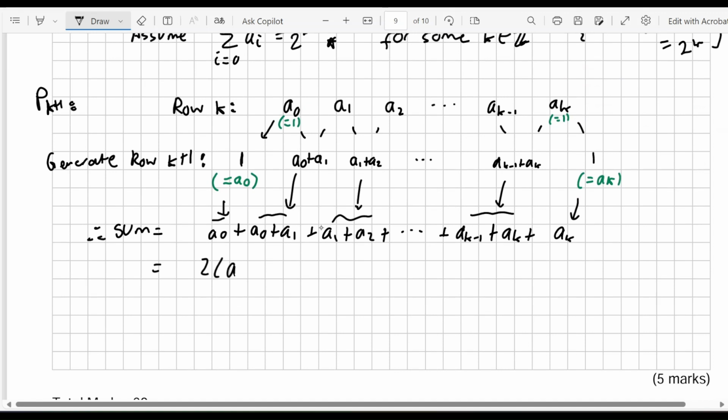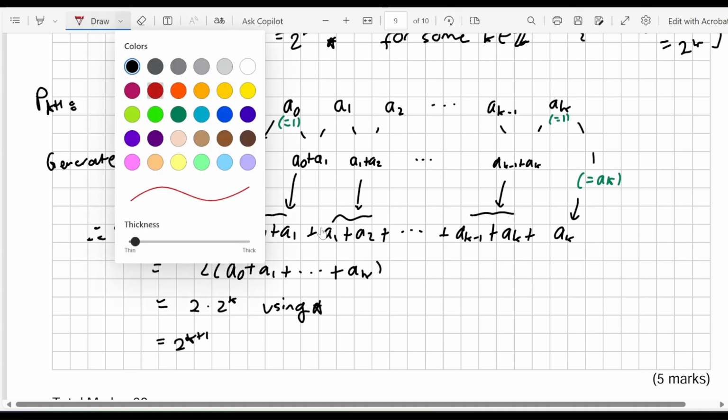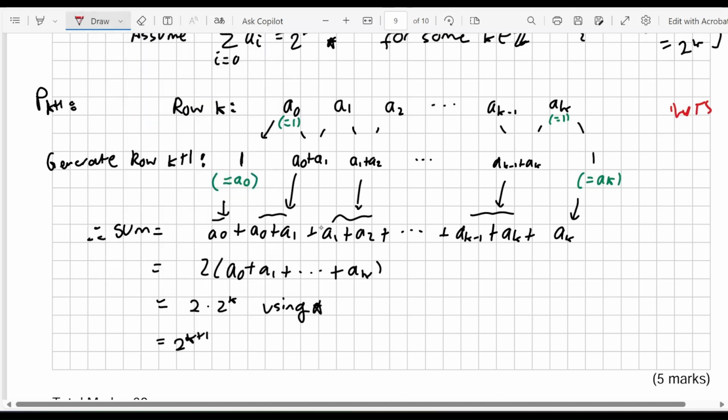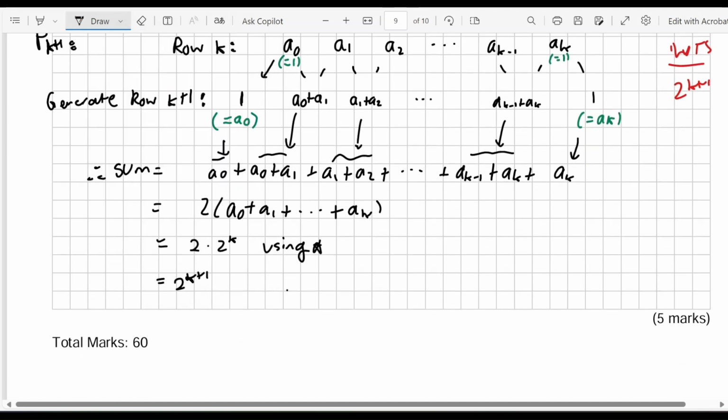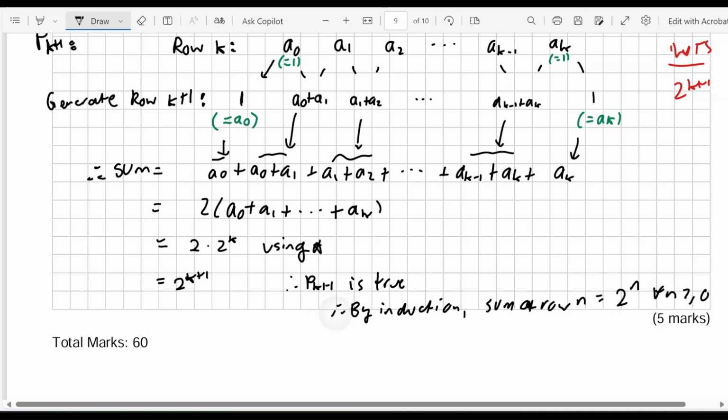So this is 2 lots of a_0 plus a_1 plus up to a_k, which is 2 lots of 2 to the k using star, which is 2 to the k+1. I didn't write P_(k+1) to show, but had we done it, we would have said that it was 2 to the k+1 that we were trying to show. We've done it. Wonderful. Therefore, P_(k+1) is true. Therefore, by induction, sum of row n is 2 to the n for all n greater than or equal to 0. Wonderful.